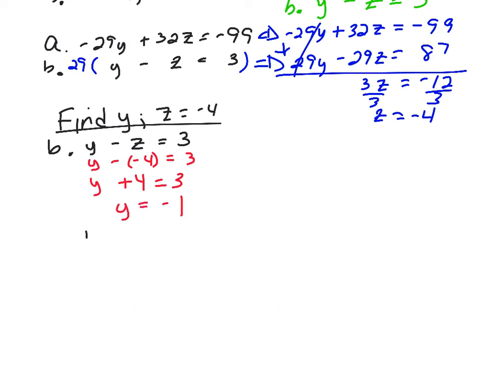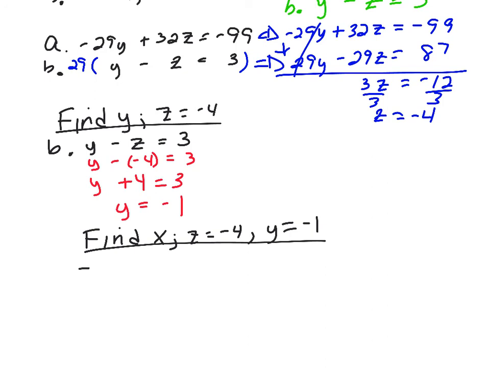All right, so now we have y and z. Now we have to find x. So we're going to find x when z is negative 4 and y is negative 1. It doesn't matter which one of the originals you pick, but pick one of the originals. I'm going to pick equation 1: negative x minus 5y plus 6z equals negative 24.